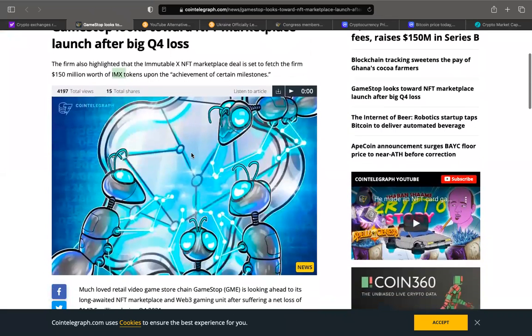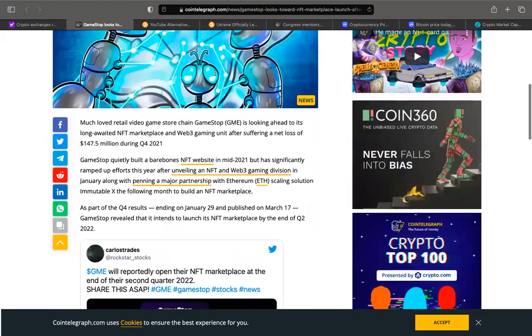So GameStop is using, the firm highlighted that the Immutable X NFT marketplace deal is set to fetch the firm $150 million worth of IMX tokens upon the achievement of certain milestones.